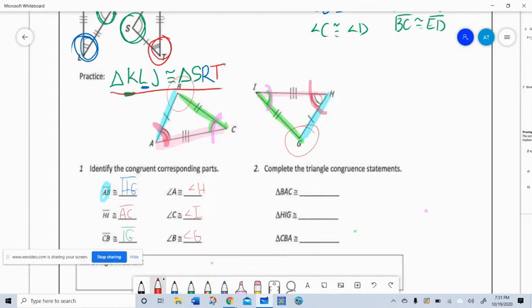In number 2, it says complete the triangle congruent statement. So these are 3 different ways that we could write congruent statements. So we're going to kind of investigate what we got going on here with these triangles.